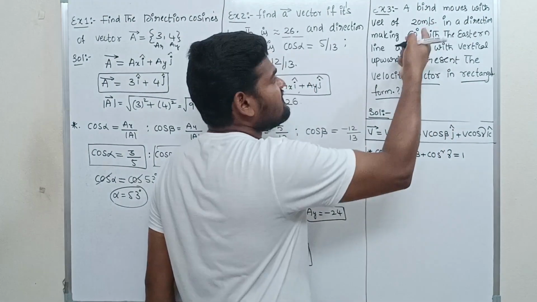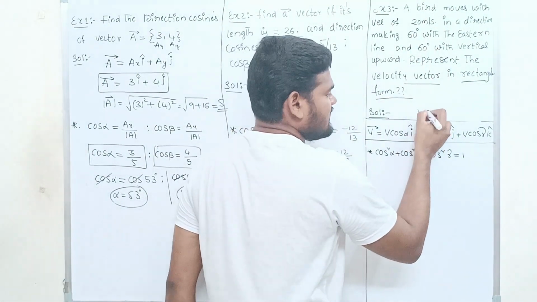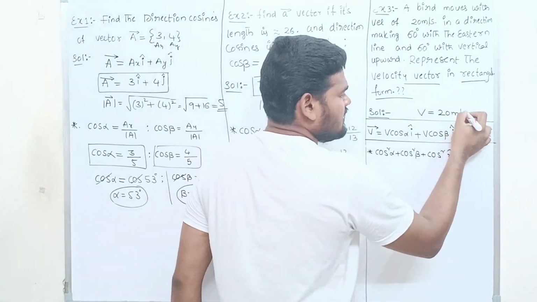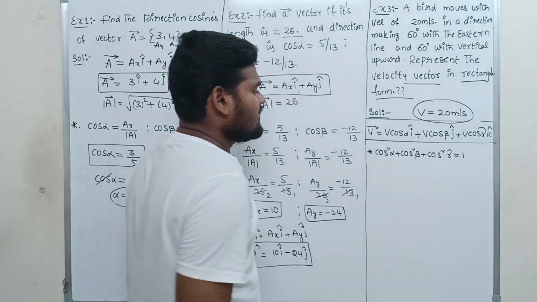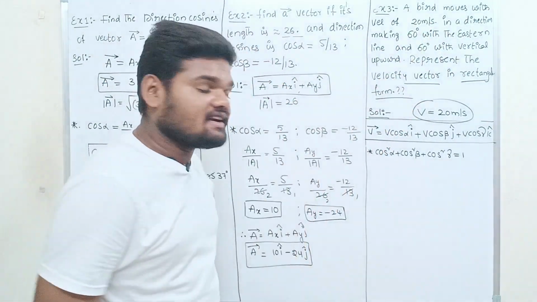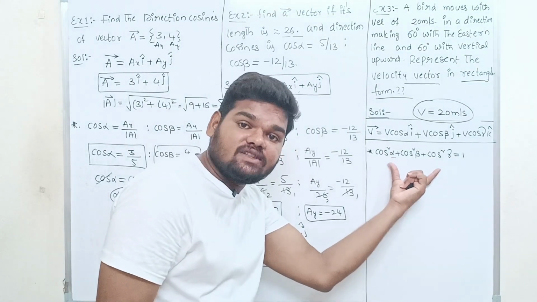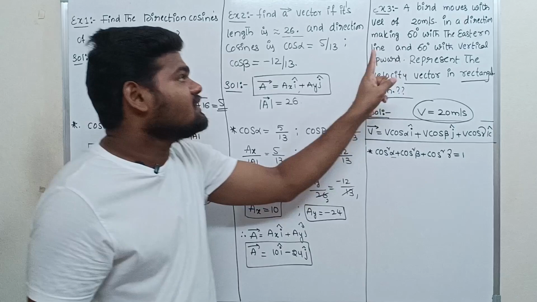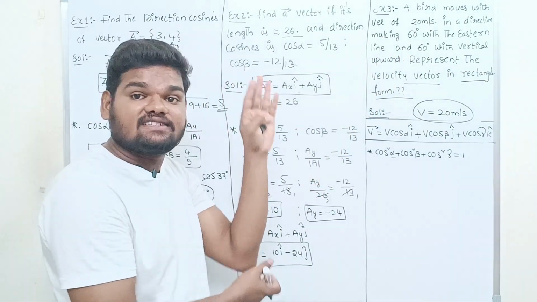What they are given? A bird moves with a velocity of 20 meter per second. They are given the value of v, 20 meter per second. From this condition, it is clear that the velocity of the bird is making 60 degrees with the eastern direction.